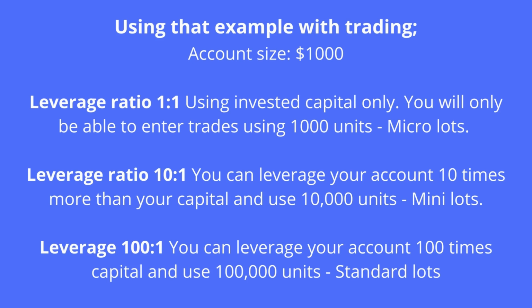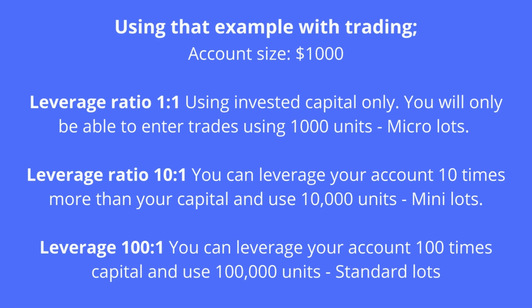If you traded with a leverage ratio of 10-to-1, that means you can leverage your account 10 times more than your capital and use 10,000 units when you're trading. So that is mini lots. You've got $1,000 in your account, but you're leveraging it as if you've actually got $10,000 in your account. Do you know what I mean?